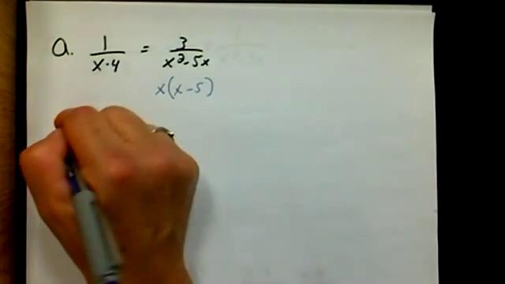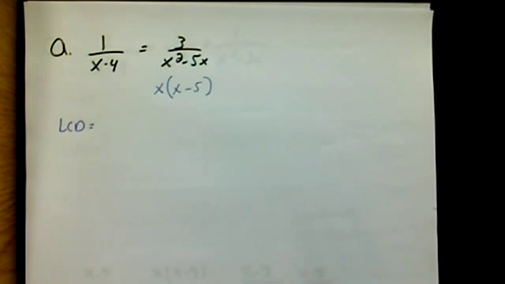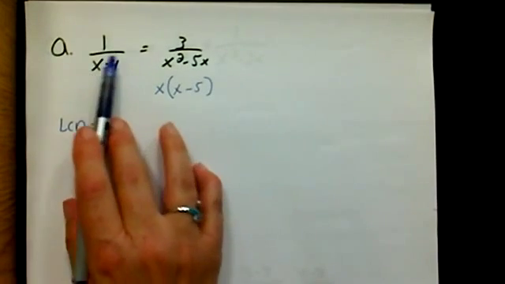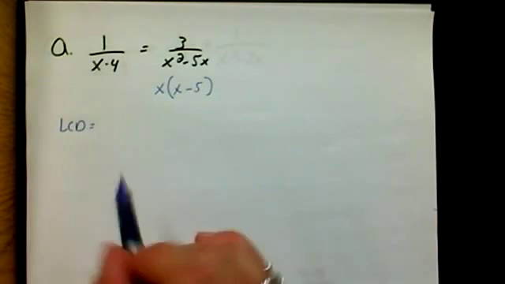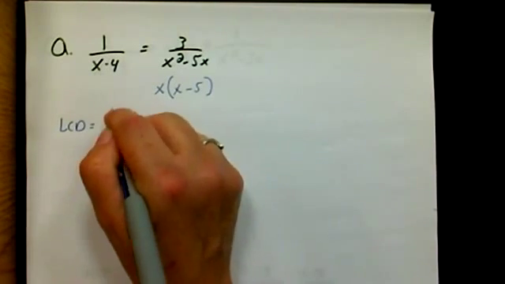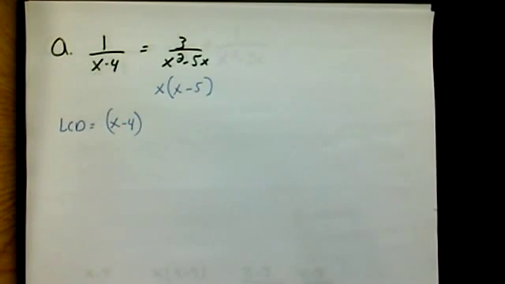So find my LCD. What is my LCD going to be? Well, like I told you before, take everybody from the first one, and add in whatever pieces you don't have in it from the second.